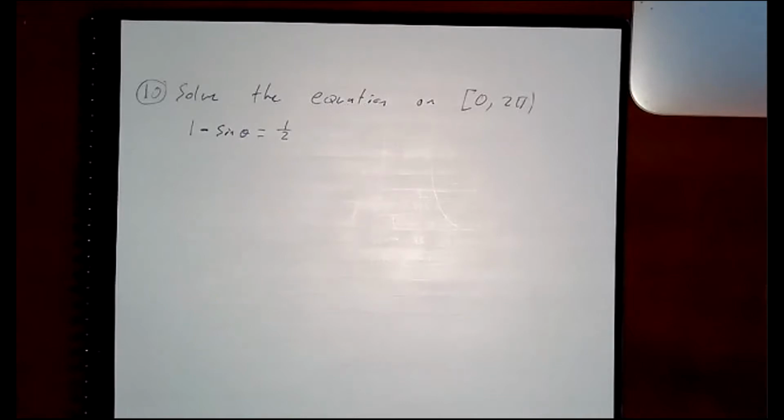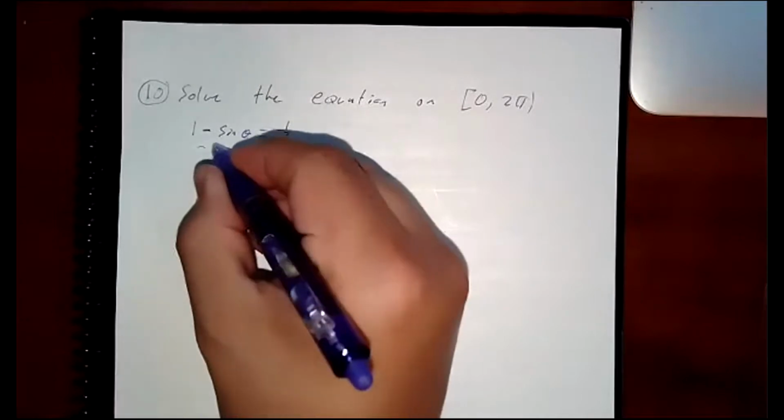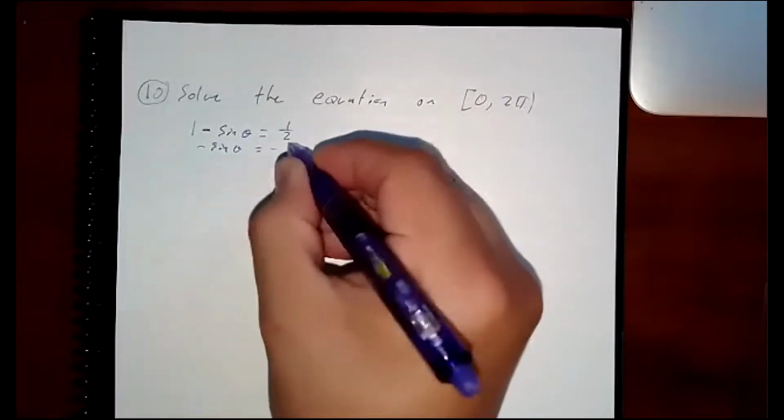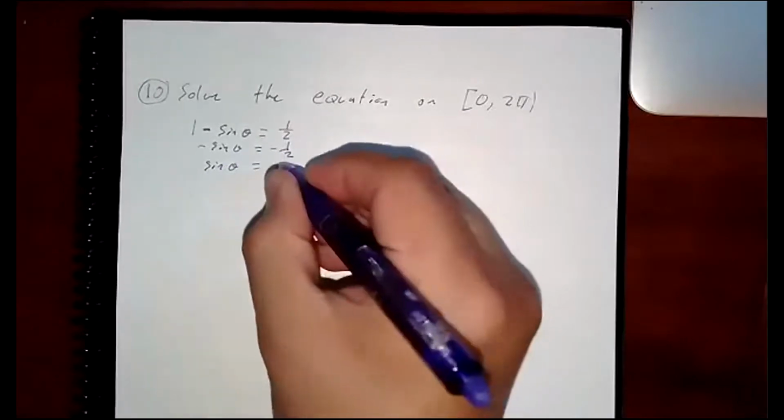Well, minus sine theta equals a half. Sorry, I got confused there. All right, so I'm going to subtract the 1 over. That'll give us a negative half. And then divide by negative, which makes this a positive half.